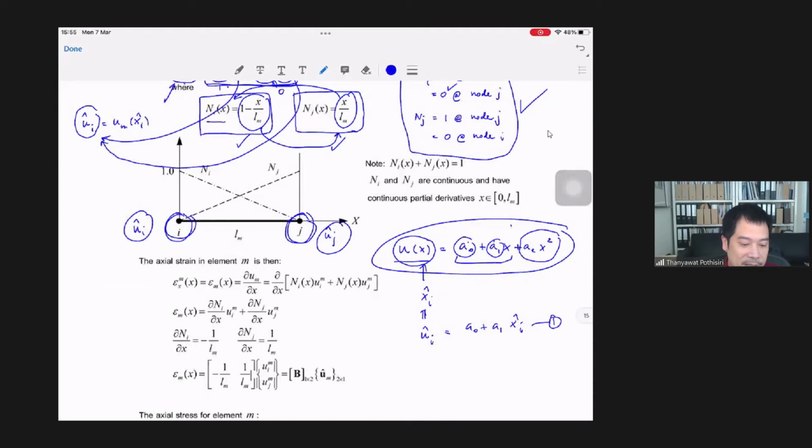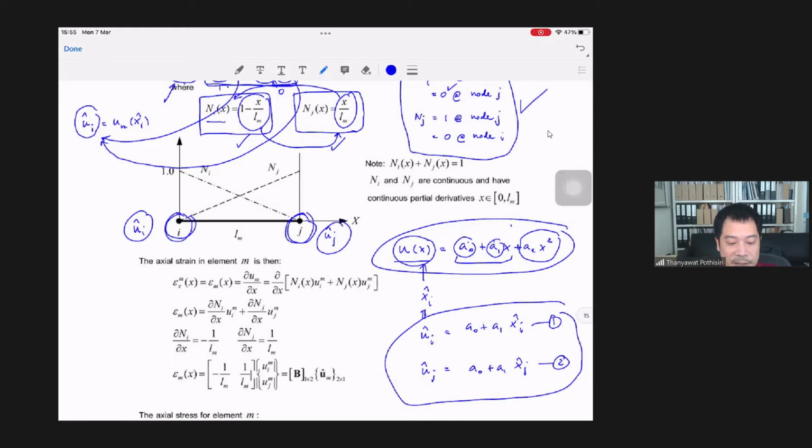Now for the second equation, you have u hat j, so I plug in x hat j to obtain a0 plus a1 x hat j. This is my second equation. So at most, I have these two equations to solve for the unknowns. You can solve for at most two unknowns, so you cannot have higher orders in this case.